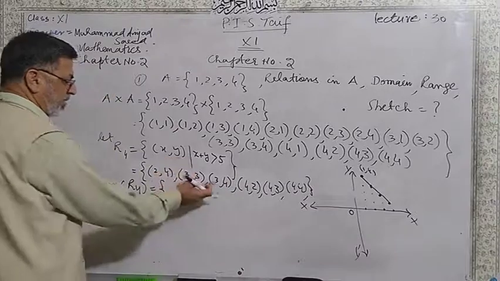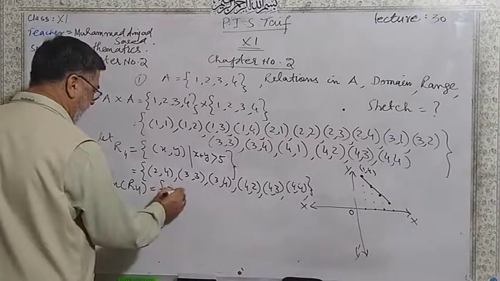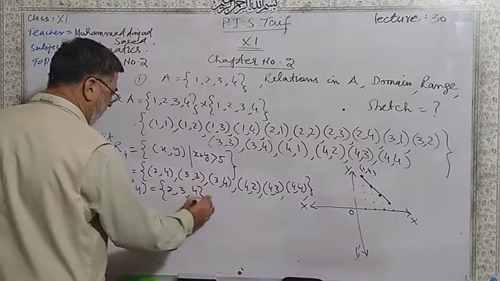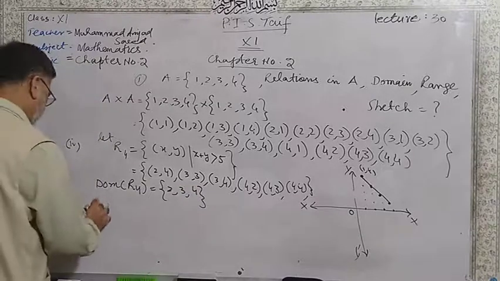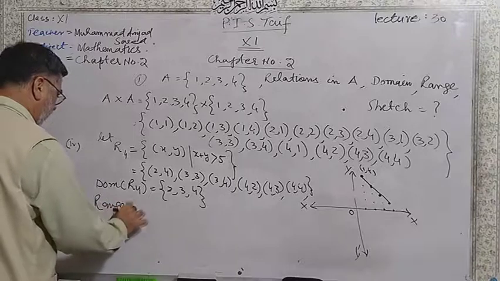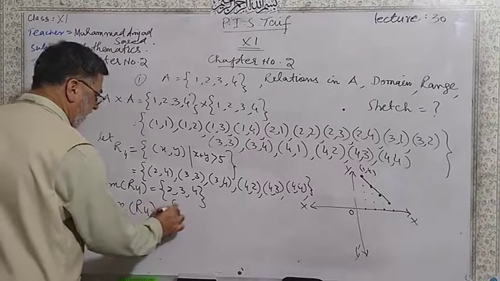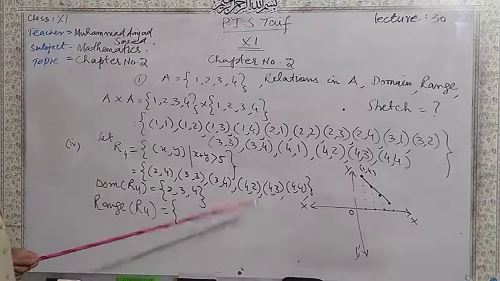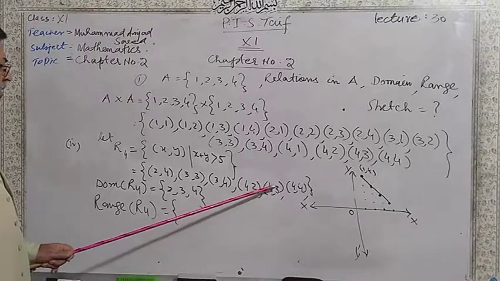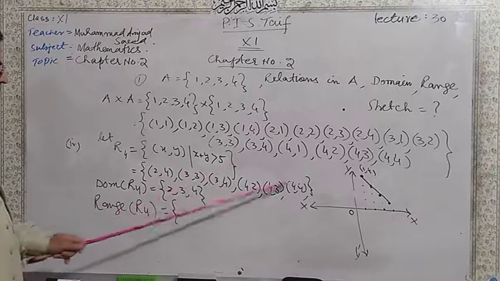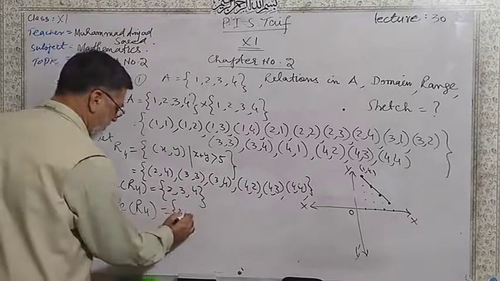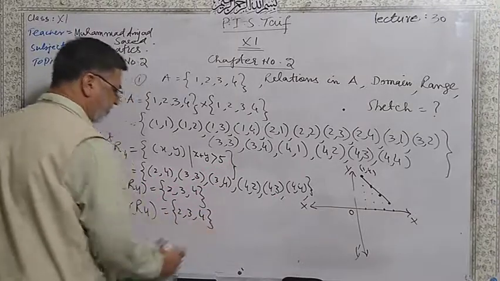If one number is coming 2 times or 3 times, in the set you will write it only one time. And range of R4 is 2, 3 and 4. So second values are 2, 3, 4.